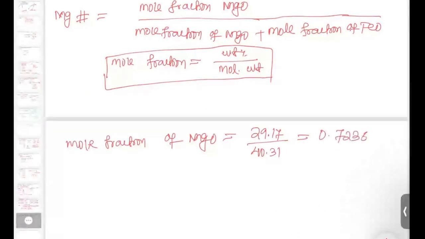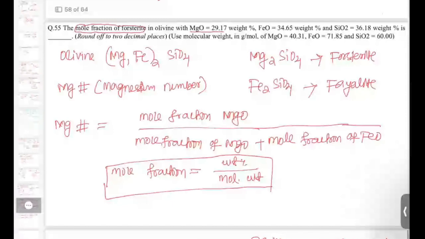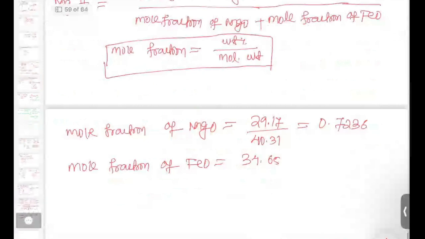And the mole fraction of FeO should be 34.65. All these data are given, I'm not taking it from my own memory. This is 34.65 by 71.8. So this should be 0.4836.